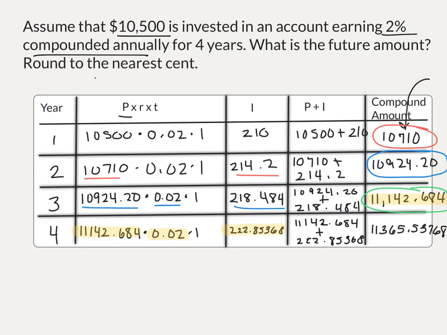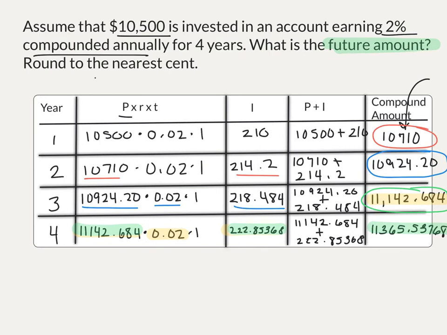Next, we'll add the principal to the interest to get 11,365.53768. And this is our future amount. The future amount is always the last compound amount of the last compounding period.